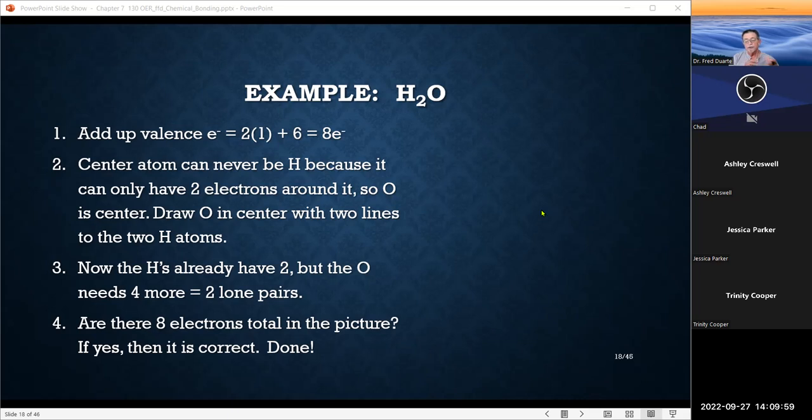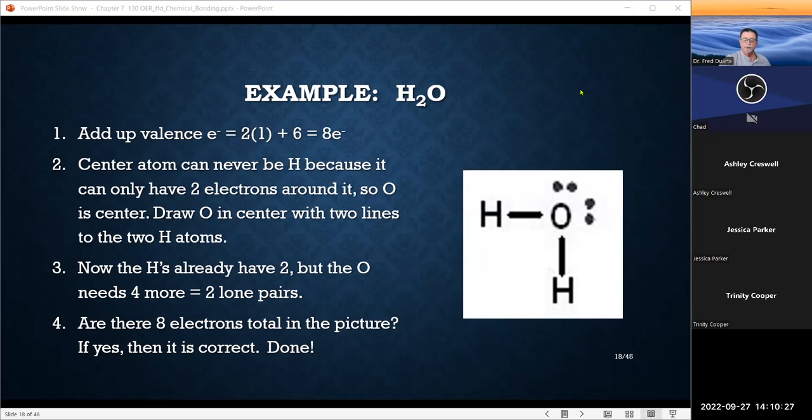Also, another reason I like to divide by 2 was the fact that that number that you come up with should be divisible by 2, as far as the total number of valence electrons. And there's the formula right there of water.